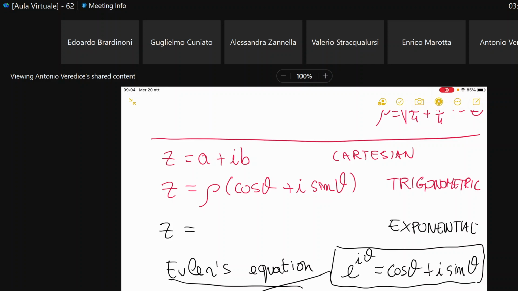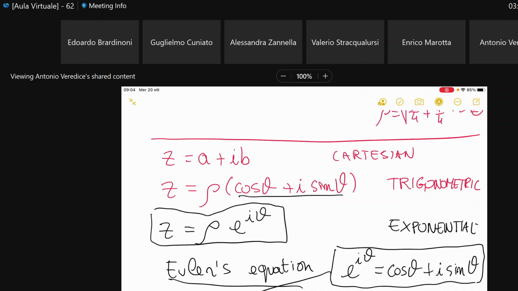Of course, if cosine plus i sine can be written as e to the power of i theta, the complex number z can be written as rho times e to the power of i theta. This is called the exponential form. Are you okay with this? Any questions on this?